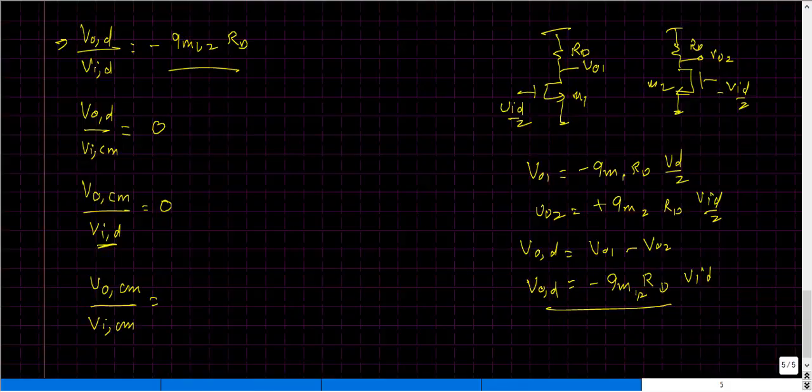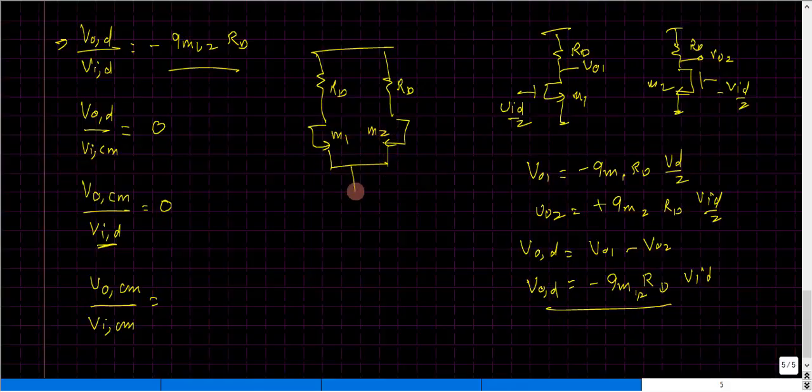So this would lead to a kind of circuit where I have RD here, and then there are two transistors creating the differential pair, and I have some finite value of resistance RS, and the gates are basically driven with a common signal.